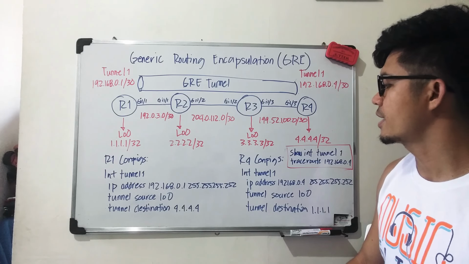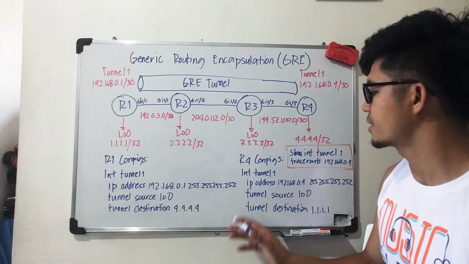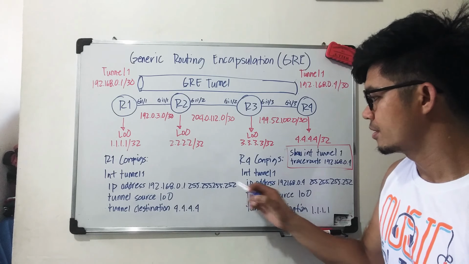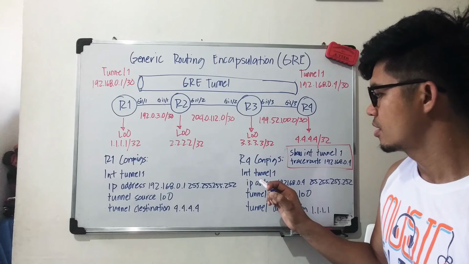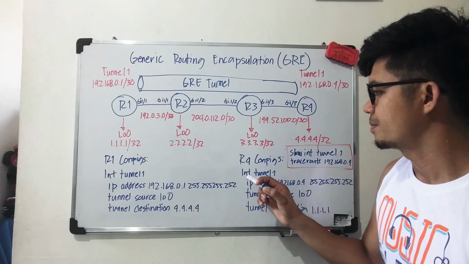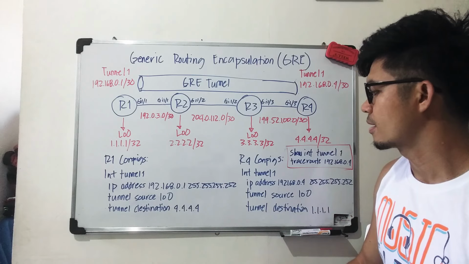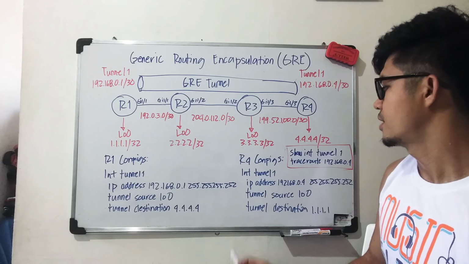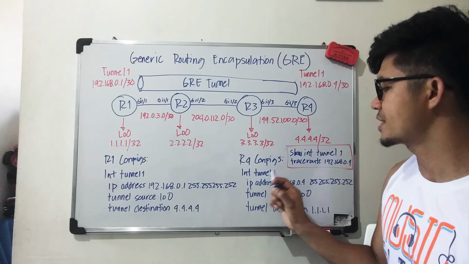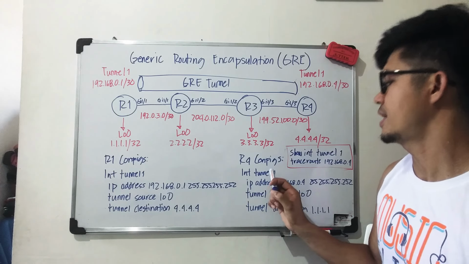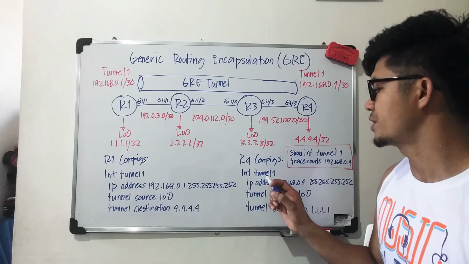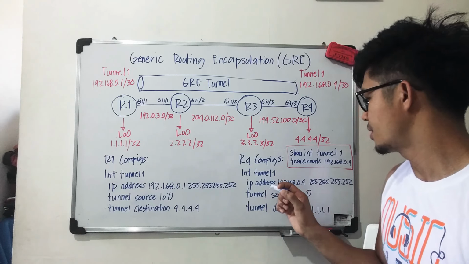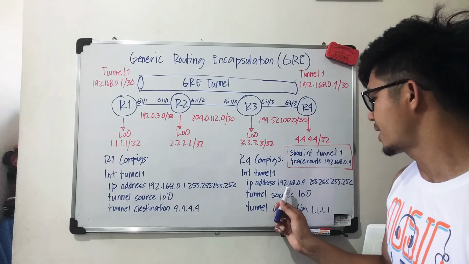So let's look at the router 4 configuration. Basically almost the same as the router 1 configuration. So you have to specify the interface tunnel 1, and of course the IP address of that tunnel.